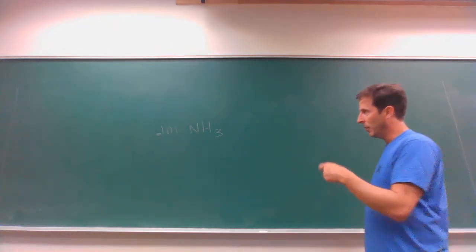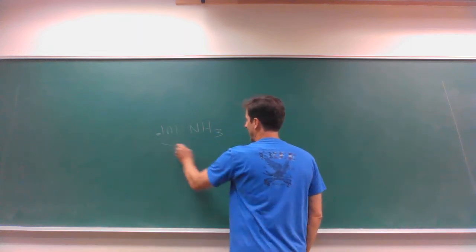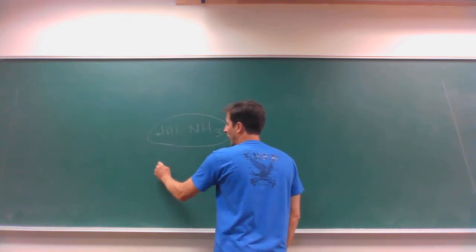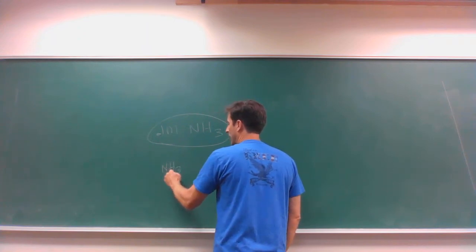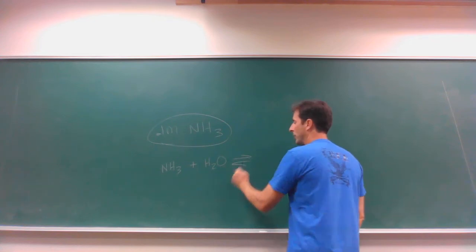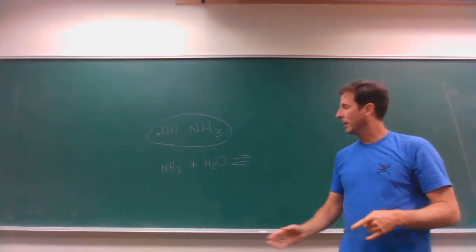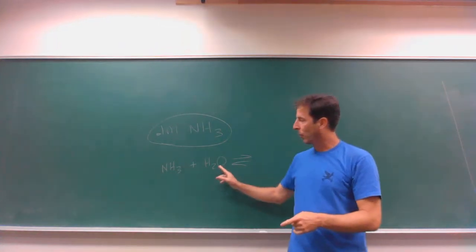Okay? So step 1, I need to be able to write a reaction. Okay, so that's my concentration. When I put my ammonia in water, in order to form a hydroxide, ammonia can't do it by itself. What happens is the ammonia reacts with water.